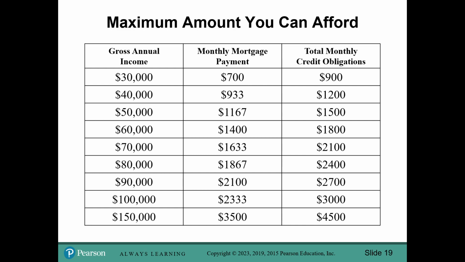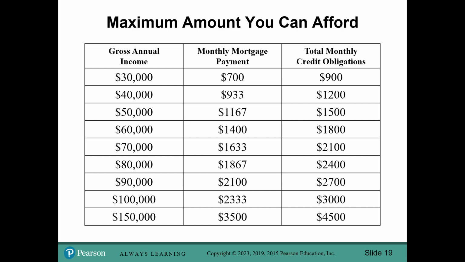Now, that doesn't mean that you can have a $700 mortgage and then have a $900 car payment. What that technically means from the financial advisors is that you can have a $700 monthly mortgage payment, but you should only have an additional $200 of extra credit obligations, such as a car payment or credit card debt or student loans, right?